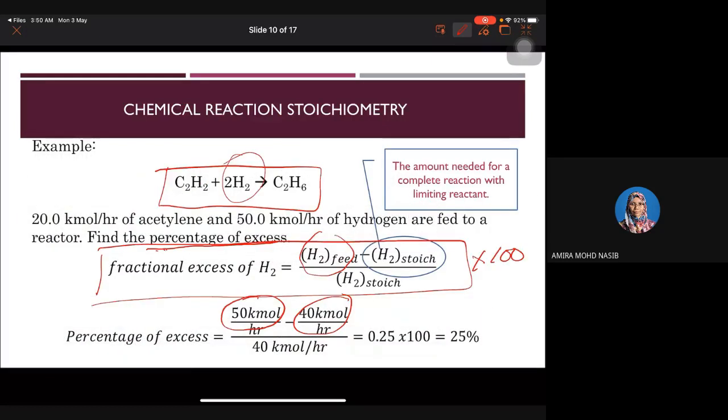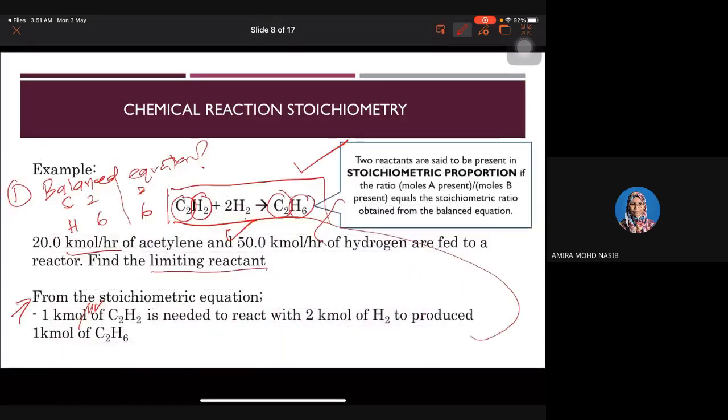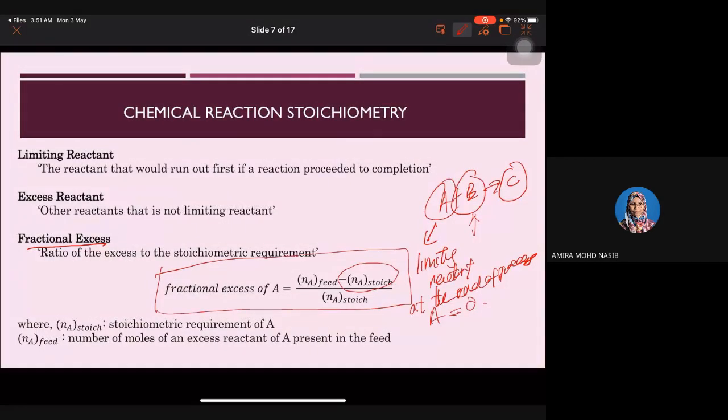So if you utilize your limiting reactant, which is 20 kilomole here, then you need 40 kilomole of H2. 50 minus 40 divided by 40, and you get this answer, 25% of excess hydrogen. Okay. This one, fractional excess.